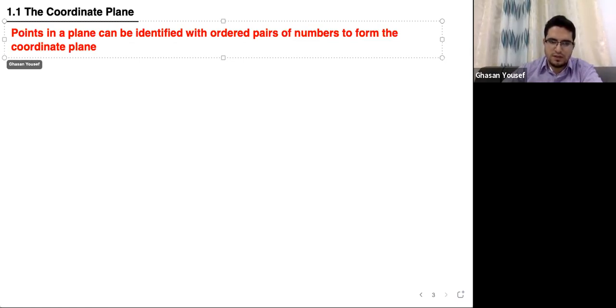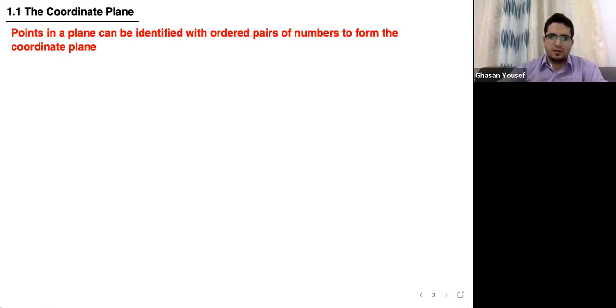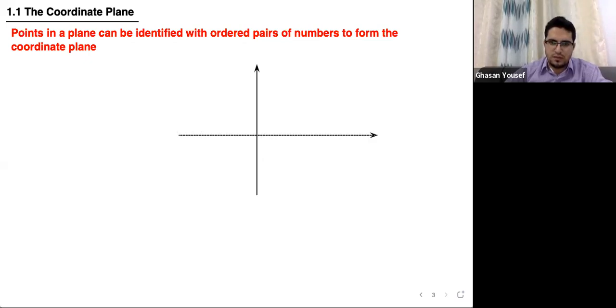Something like this, if I have two lines, these two lines intersect here. This point is called 0, or the origin.